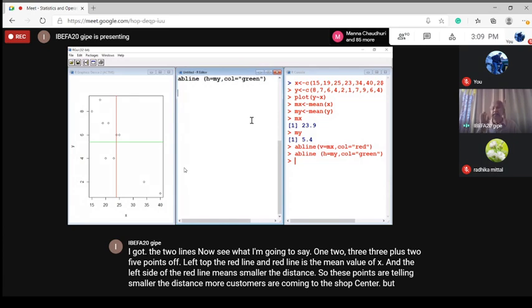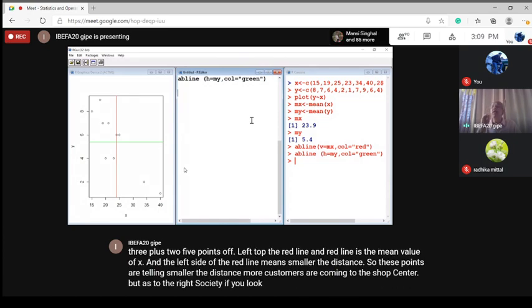But on the right side, if you look, points are very few.